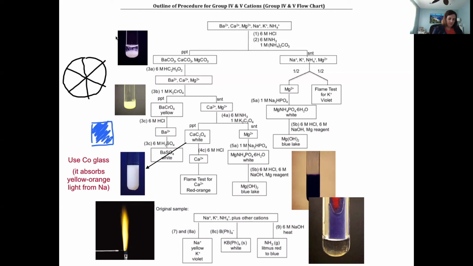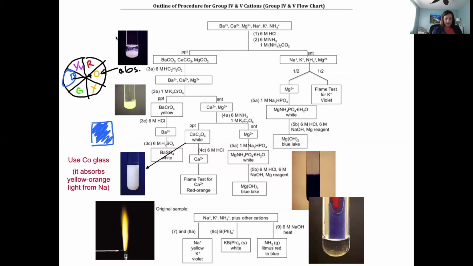So here's my color wheel. I'm going to put my colors, Roy G. Biv: yellow, green, blue, indigo, violet are on the same side. The cobalt glass is blue, so that means it's transmitting blue light. Across the color wheel is orange, so that means the orange is getting absorbed.